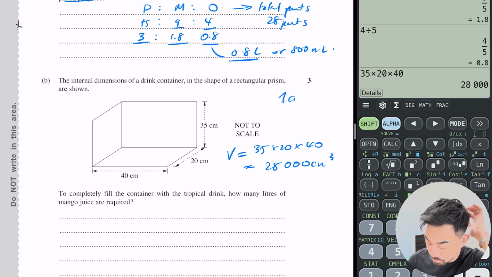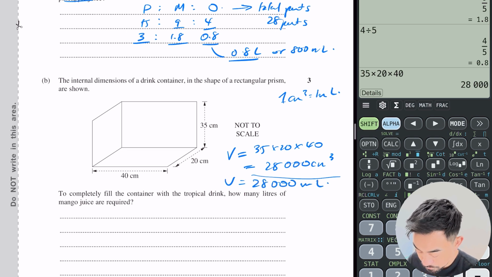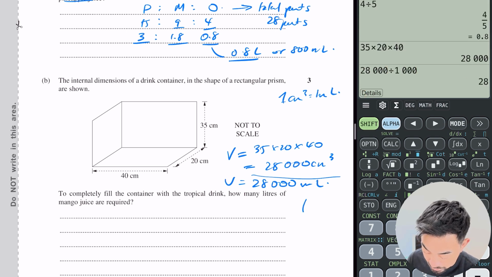Now remember, 1 centimeter cubed is 1 milliliter. So that's just a straight conversion. So the volume here is 28,000 milliliters, so that's going to be 28 liters that fill this volume.